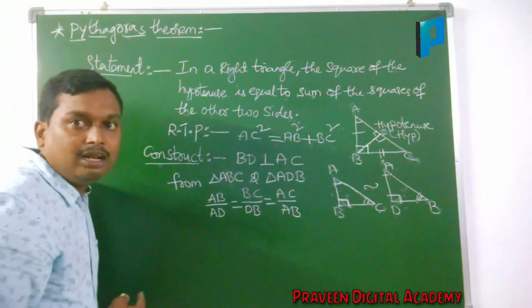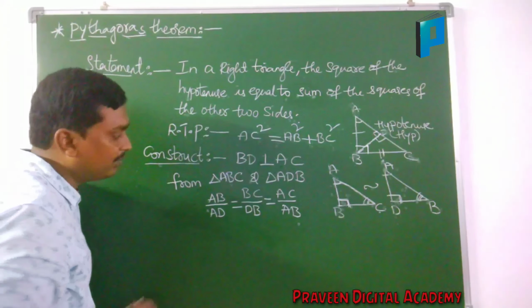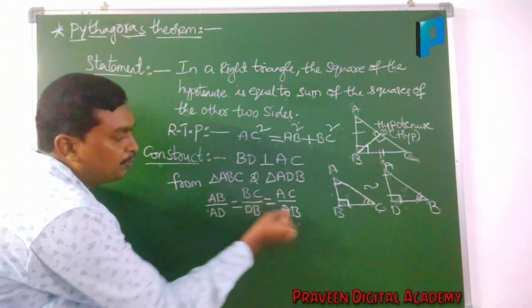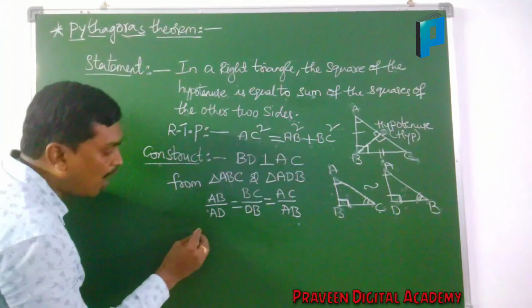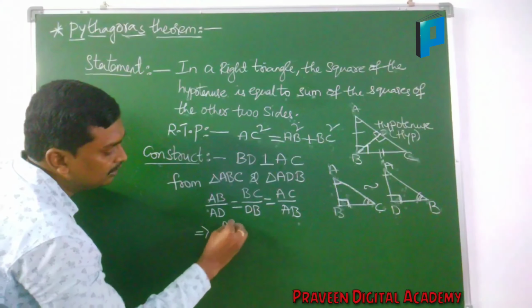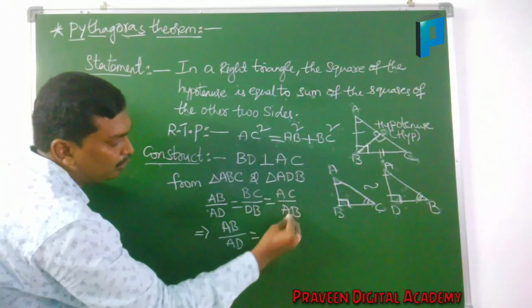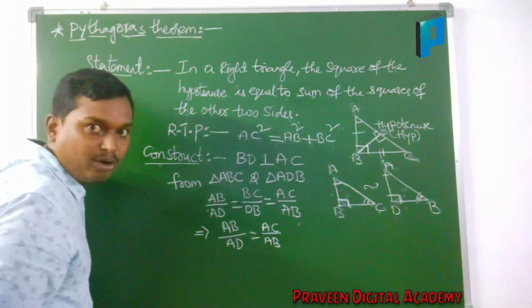Now, in this total, take the two ratios that have equal terms. Here AB is there, and here AB is there, so both ABs are equal. You take those two ratios. What you will get here is AB by AD is equal to AC by AB.